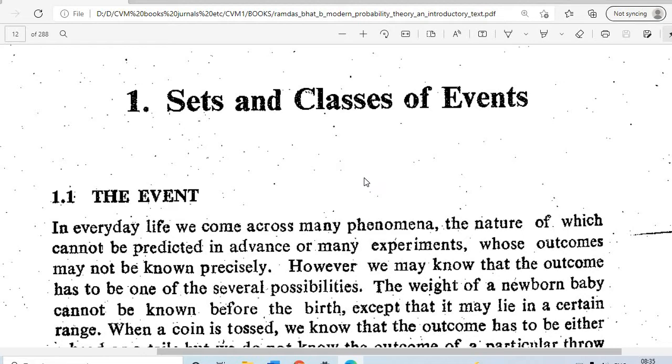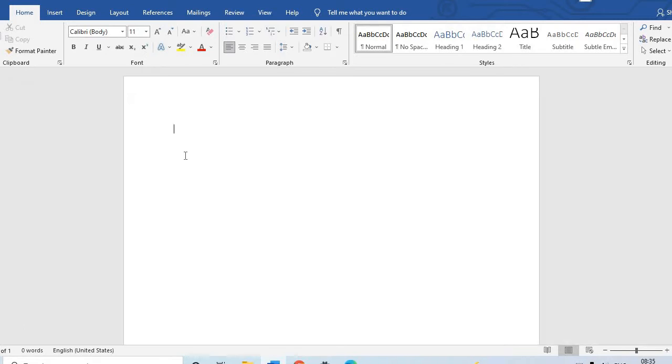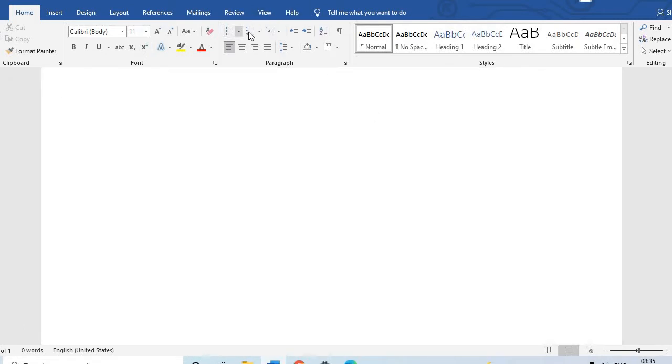You know, there are two types of experiments. The first one is deterministic experiment, and the second one is random experiments. What is the idea of deterministic experiment?